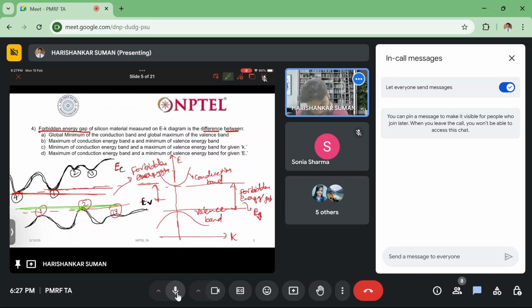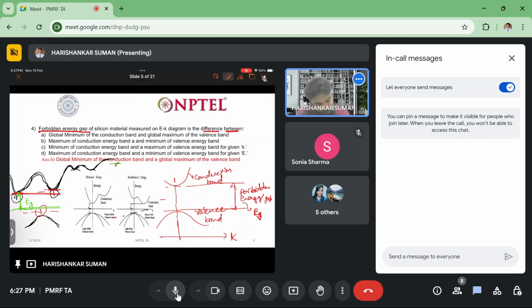So this gap is easy for this material. So which option is correct? Global minima of the conduction band and global maxima in the valence band.